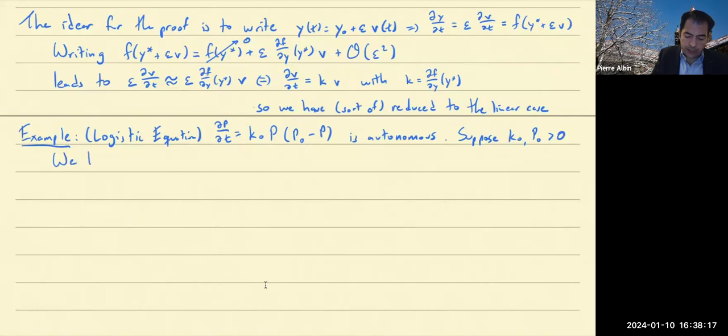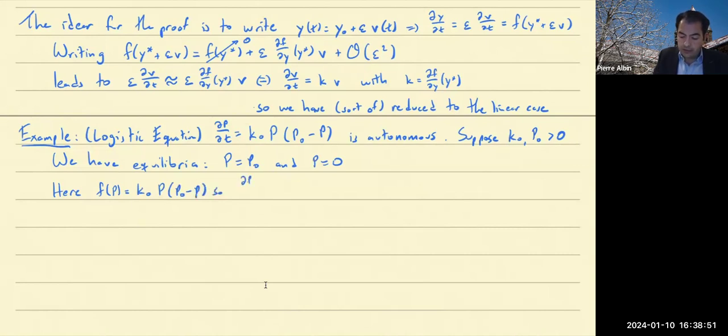In this case, we have two equilibrium points, p equal to p naught and p equal to 0. So here, the right-hand side, f of p, is equal to k naught p times p naught minus p.